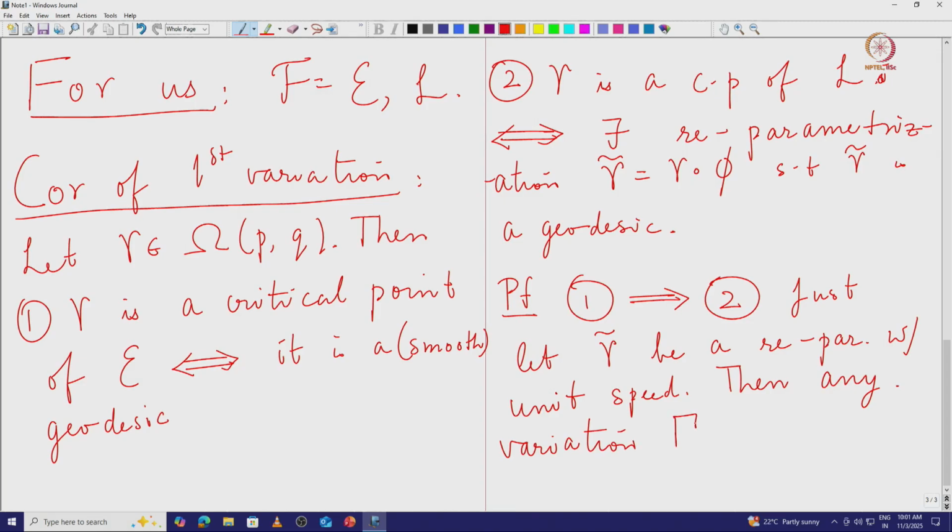any variation of little gamma will obviously give us a variation of gamma tilde. Why is that?